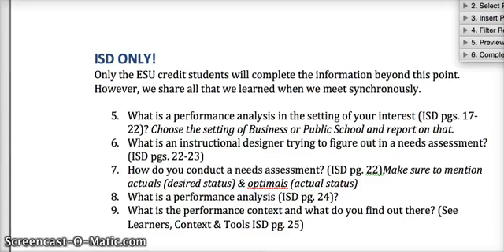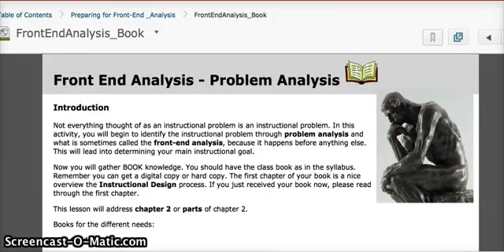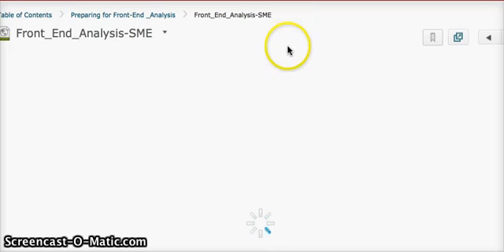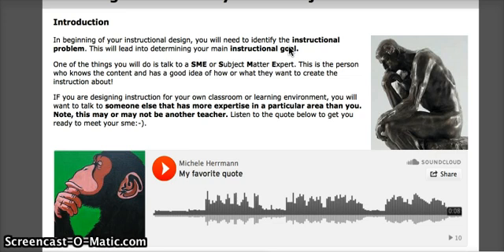So think about it. Okay, so after you do the book information, you're going to submit that to a Dropbox. So you get credit for it, but possibly not right away.